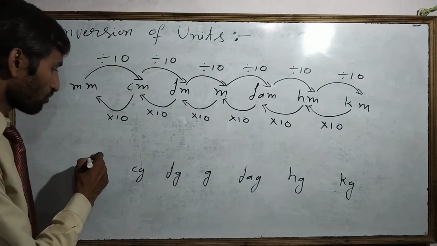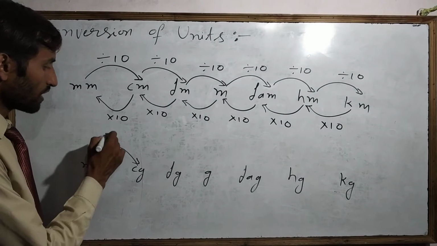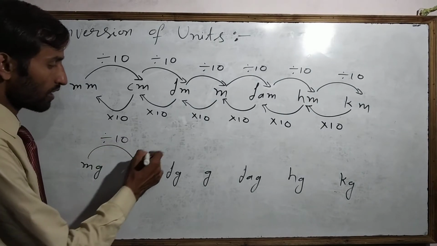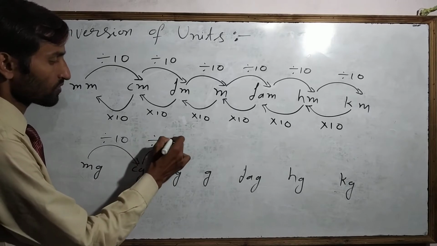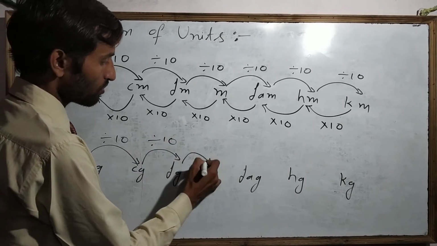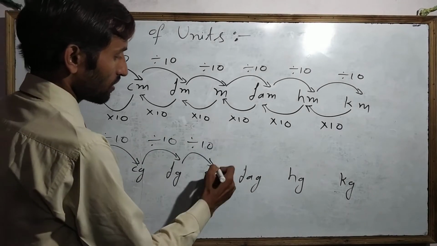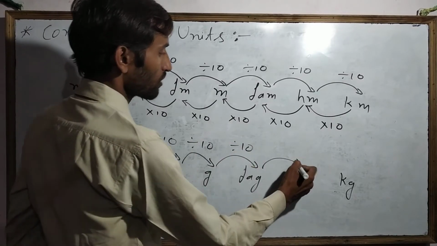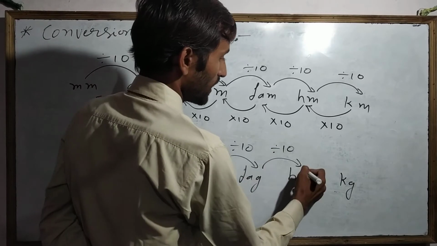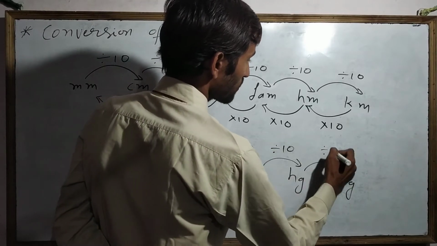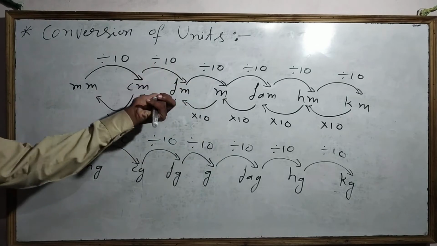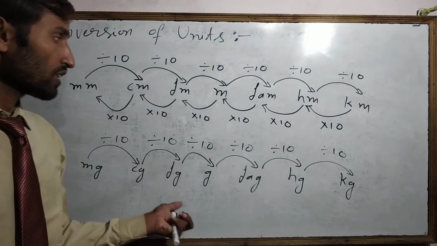Going from this side to this side means divide by 10: milligram to centigram, divide by 10, centigram to decigram, divide by 10, decigram to gram, divide by 10, gram to decagram, divide by 10, decagram to hectogram, divide by 10, hectogram to kilogram, divide by 10. Same process, just here gram came in place of meter.